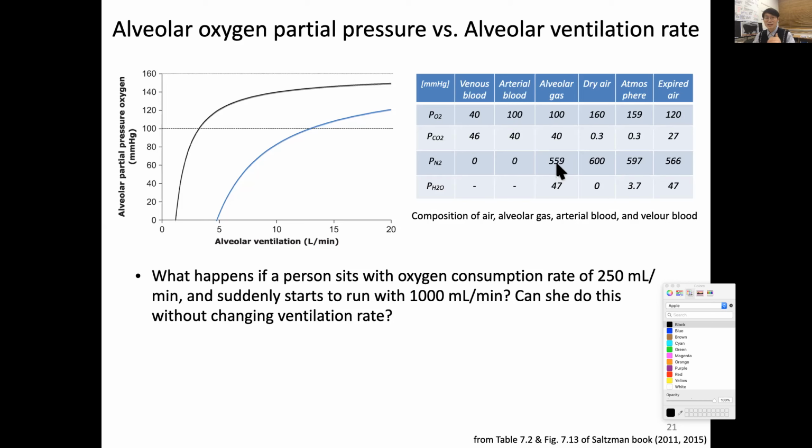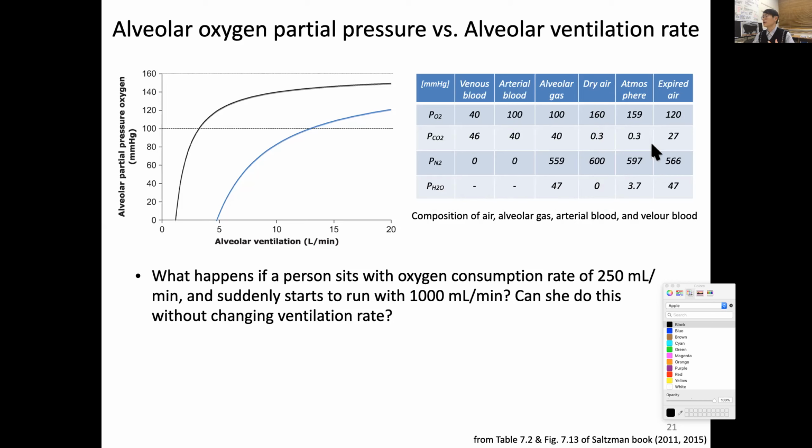And alveolar gas is already saturated with water, so there's 47 mmHg of partial pressure of water. While in dry air, there's nothing here of water, but the others sum up to about 760 mmHg.